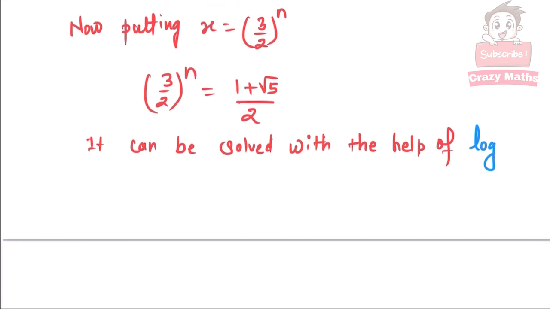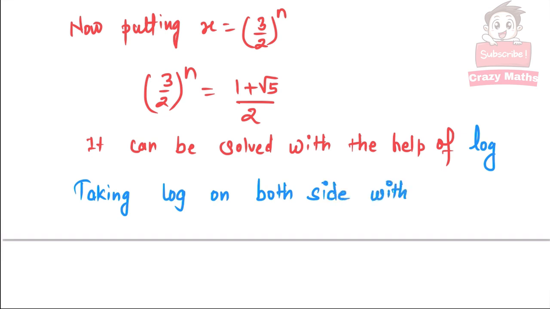Now, taking log on both sides with base 3 by 2, we have to take the base 3 by 2 to calculate this equation.